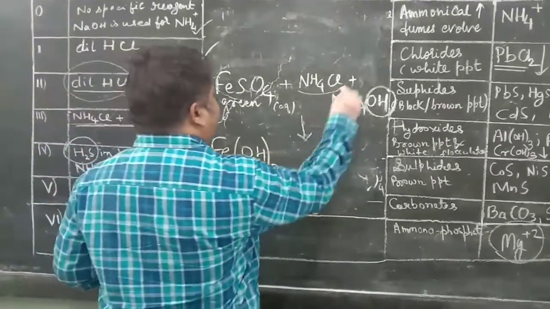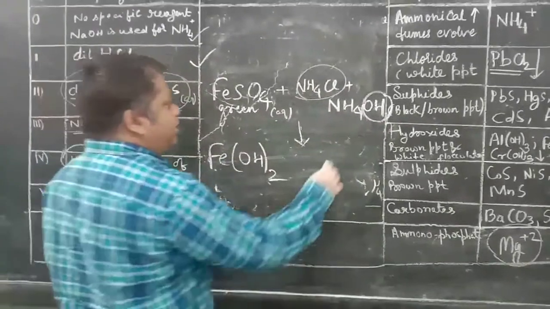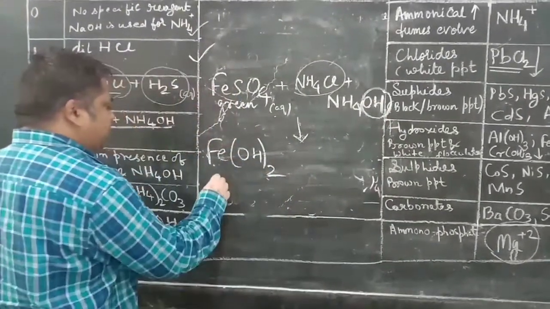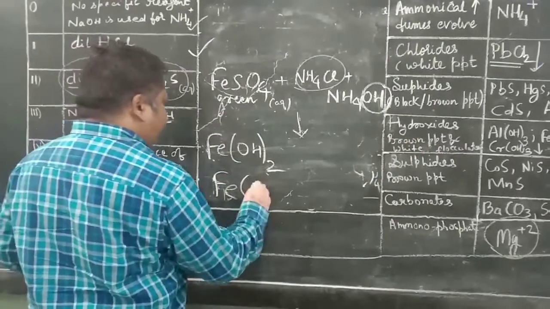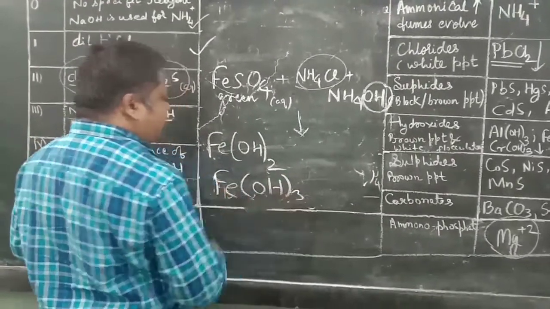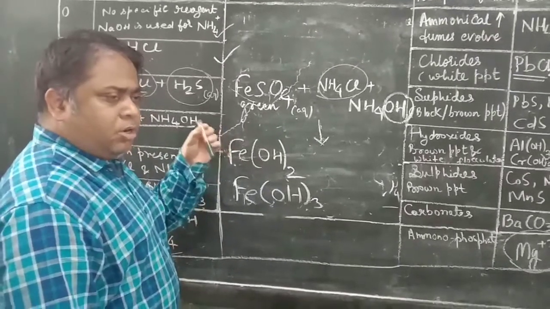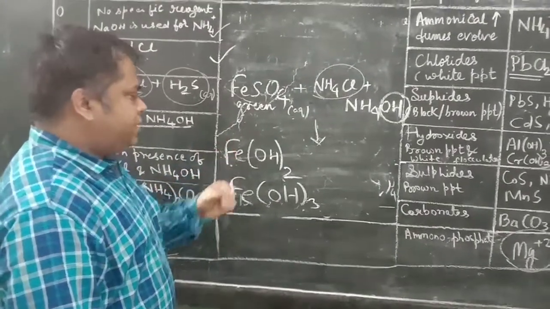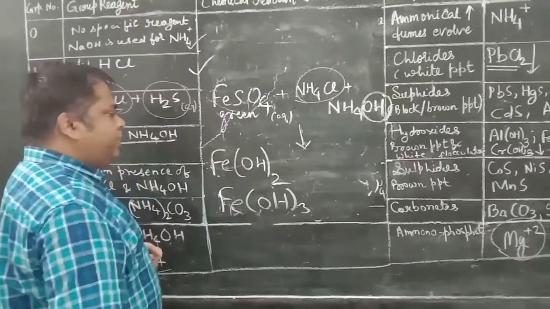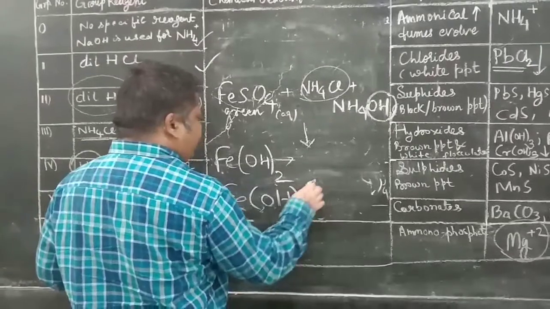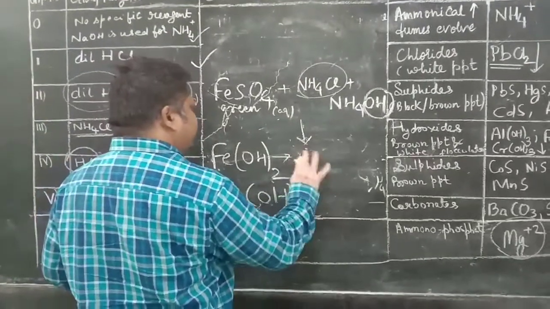If I had not used ammonium chloride, a large amount of hydroxide would have been released, and Fe would have formed Fe(OH)3. So this is an Fe2+ salt and has to be tested as an Fe2+ salt, not as an Fe3+ salt.